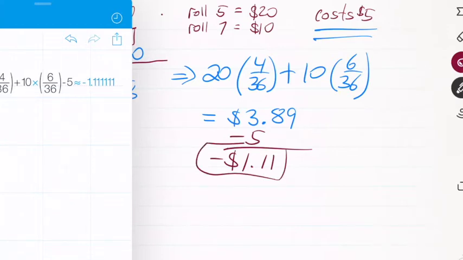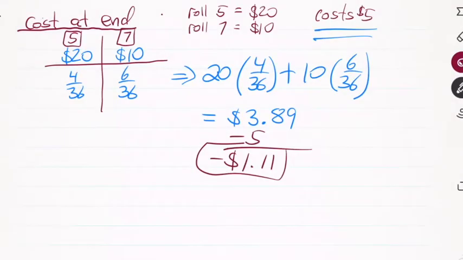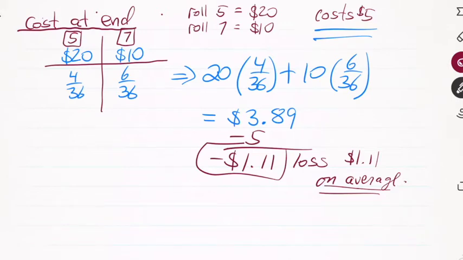Every time a person plays this game, they're going to lose on average. Now this is just on average. They're going to lose $1.11 on average. So if they play a lot of games, like 100 games, they're going to lose $111.